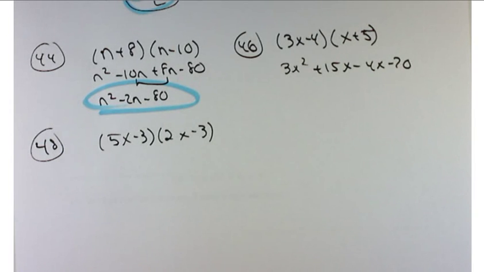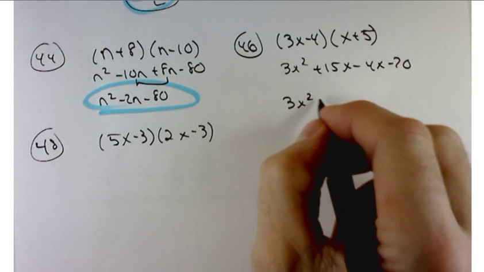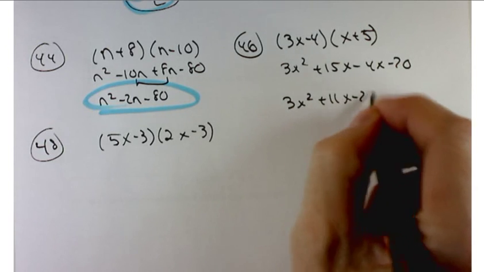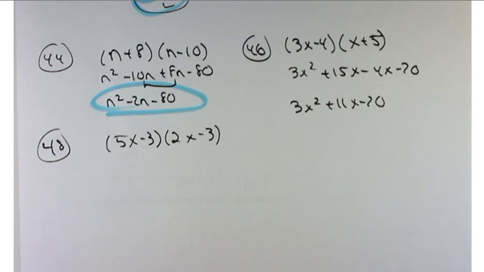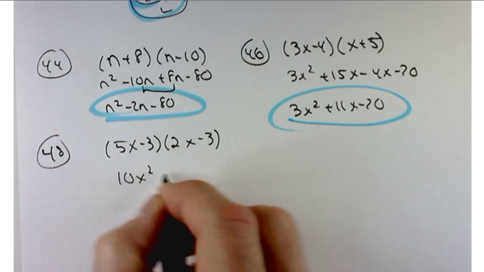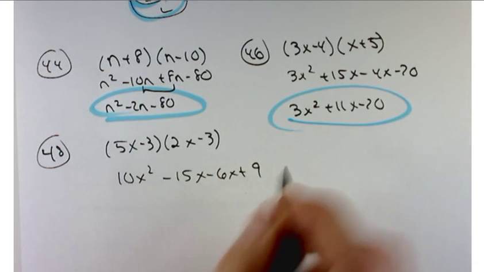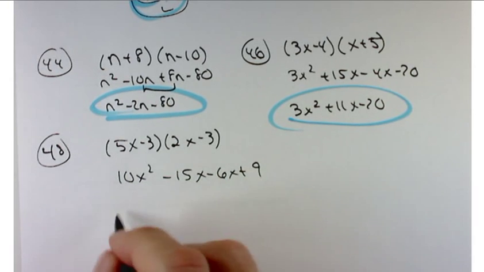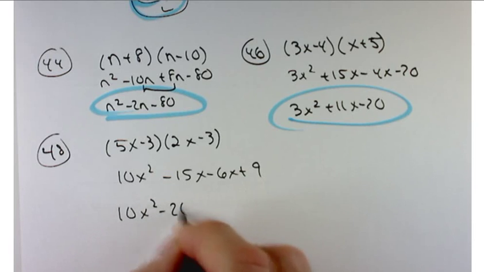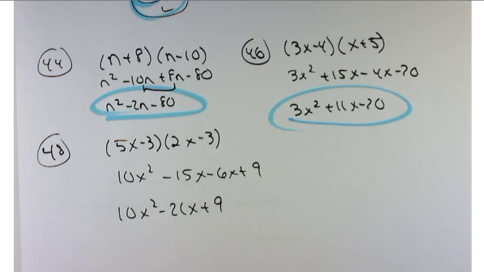Combining like terms, what do I get? 3x squared plus 11x minus 20. And last but not least, 10x squared. Good. Again, combine like terms to get that last one.